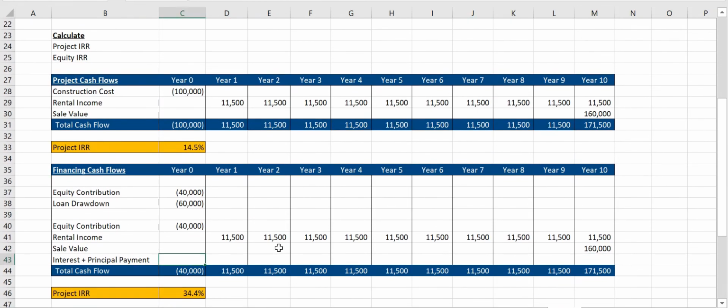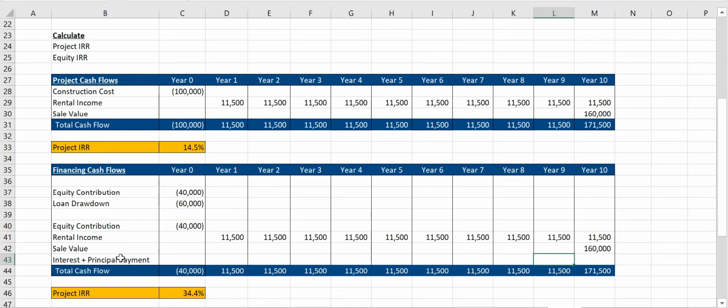Apart from that, we need to incorporate the financing cash flow. What we are going to identify here is the cash flows attributable to the equity contributors. So when you say equity contributors, we need to remove the interest and the loan repayment to the loan contributors.